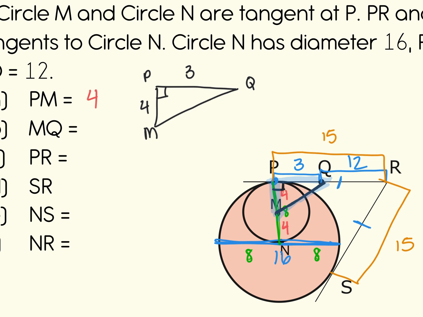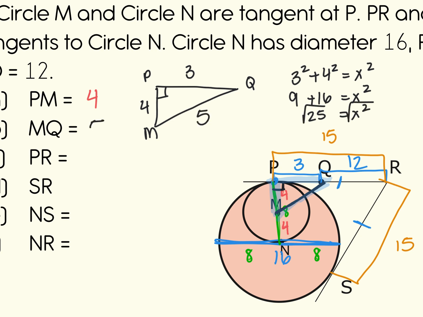Good, Pythagorean theorem, or you should know it's a Pythagorean triple, but I told you guys you didn't have to memorize that, but if you did, it's a 3, 4, 5. But let's go ahead and solve it. 3 squared plus 4 squared equals x squared. 3 squared is 9 plus 16. 9 plus 16 is 25. And square root it, so this side equals 5.